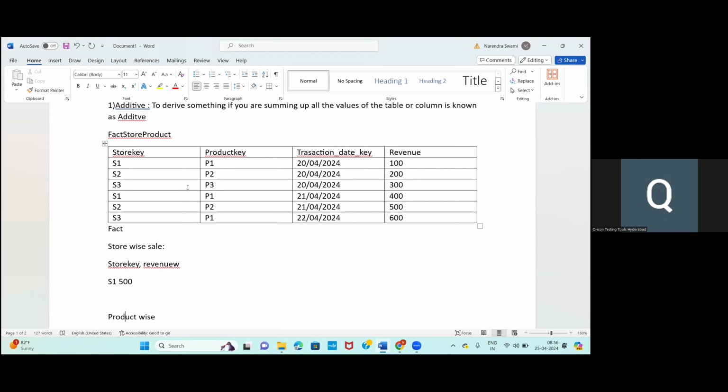We have a store key, a product key, a transaction date key, and a revenue column. If you want the revenue for a particular store, particular product, particular date, we have to sum up all the columns. With an example, the opposite person understands clearly. We don't know the state of mind of the other person, so if you go with an example, they will understand clearly.